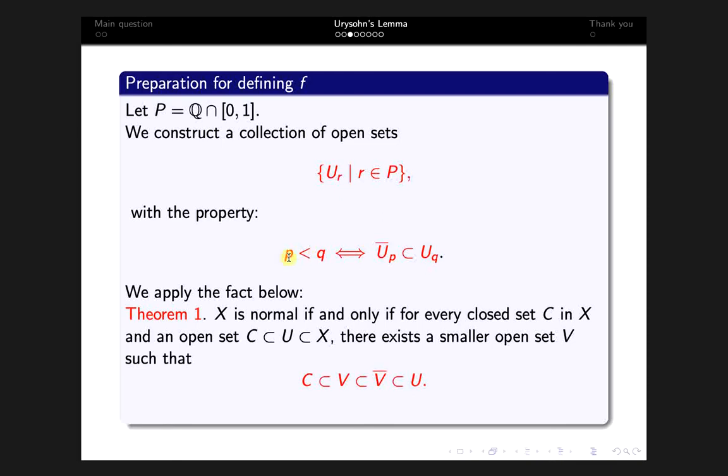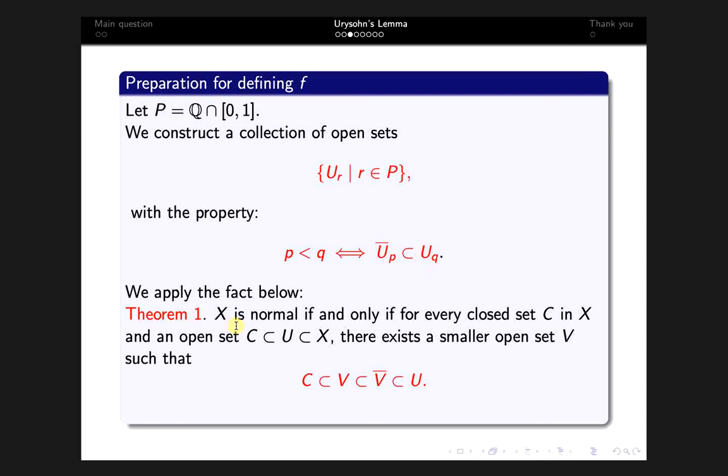For p strictly less than q, we have closure of U_p contained in U_q. So this is the condition. To construct such a collection, we apply the following theorem repeatedly.